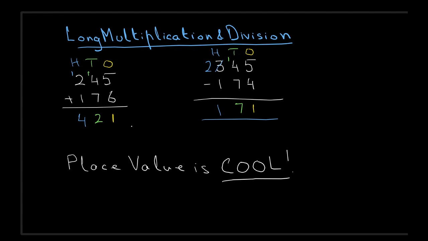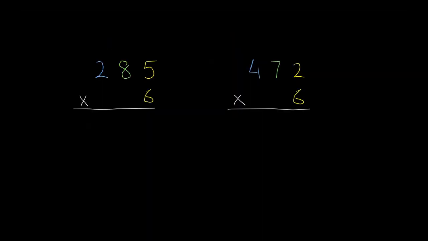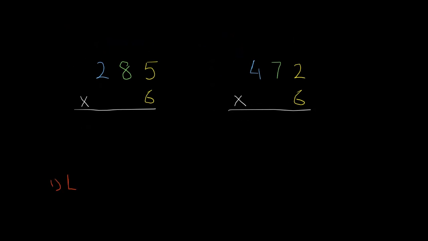Okay, so let's move on and remind ourselves of the long multiplication algorithm. We have 285 being multiplied by 6. The first thing to remind yourself is that you need to know your tables. I'll write it down: learn your tables.